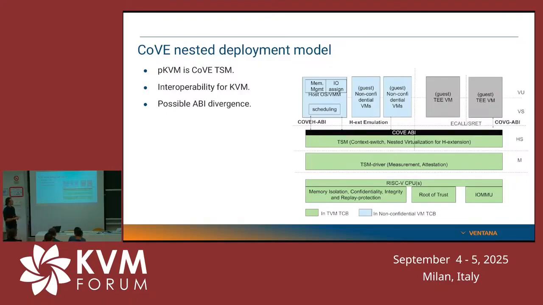But the main advantage of pKVM on ARM was that as pKVM and Linux start as the same binary, the interface between them is basically just an internal API. You don't really mix and match different versions of Linux and pKVM. So having a stable interface there can also bring problems in case you want to fix something fast.